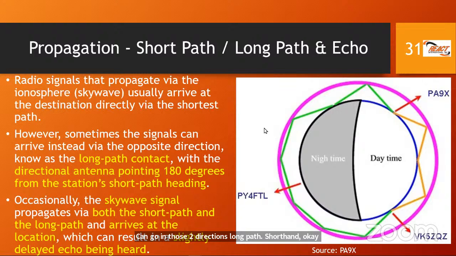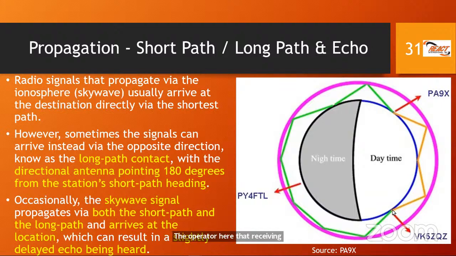Okay, so we also need to be aware that there's a bit of a potential issue when a signal leaves one amateur radio operator station and goes both via the short path and the long path, right? It will arrive here, certainly, but because one will be slightly delayed from the other, the operator here that's receiving the signal will hear both.